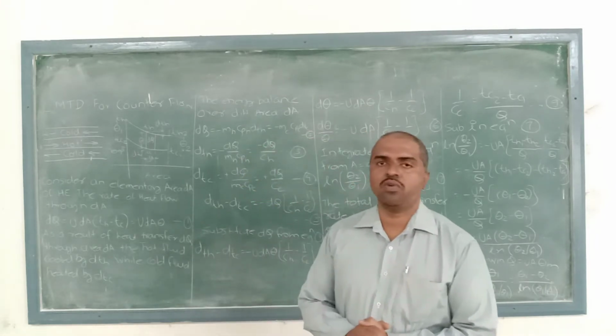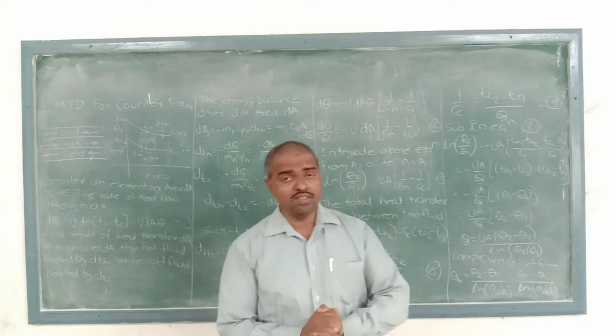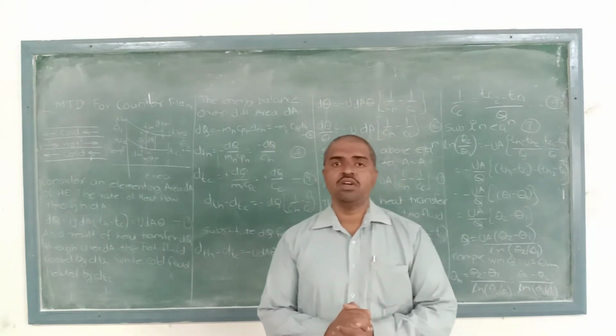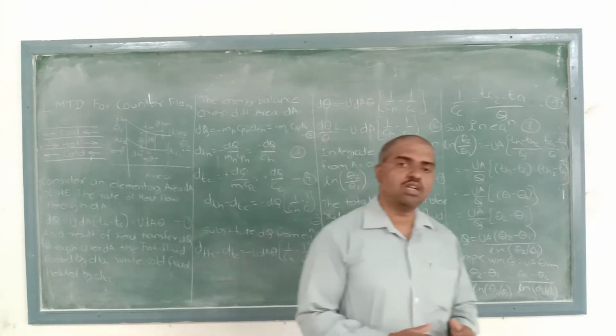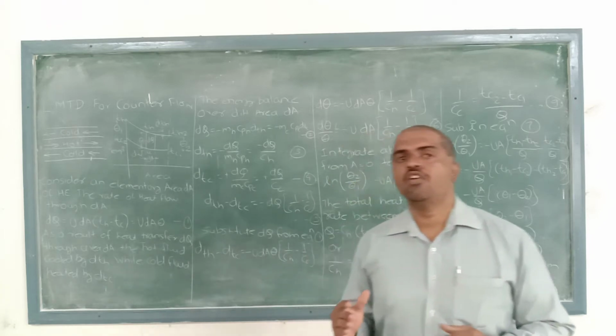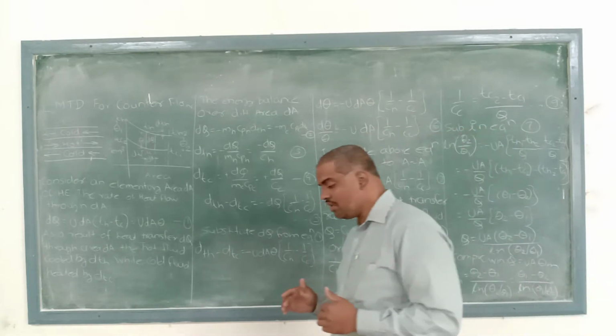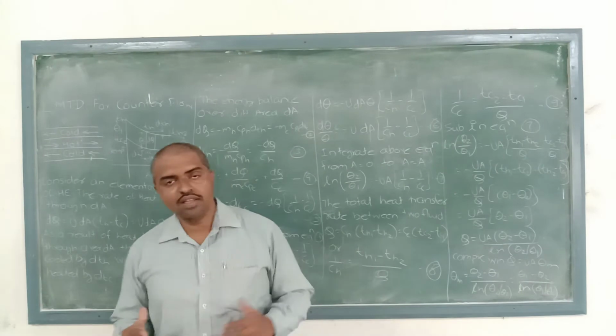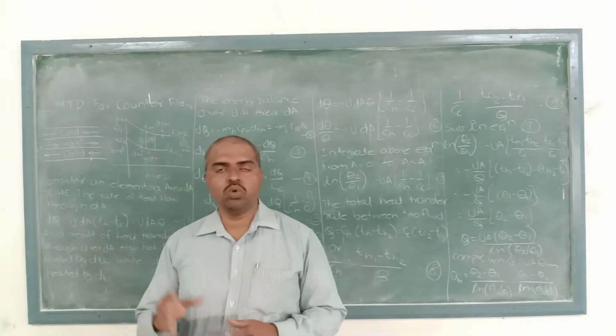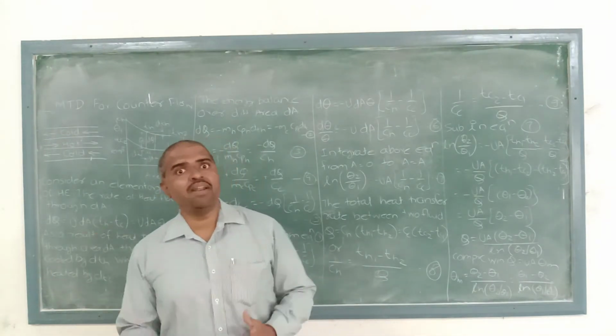LMTD method means what? The LMTD method gives a temperature difference which remains constant, or the heat transfer in the heat exchanger remains constant under variable conditions.